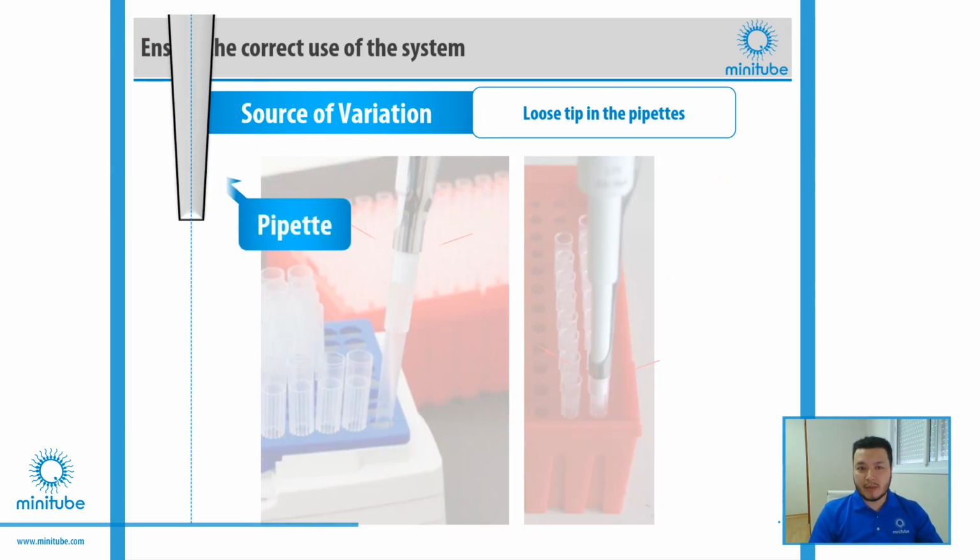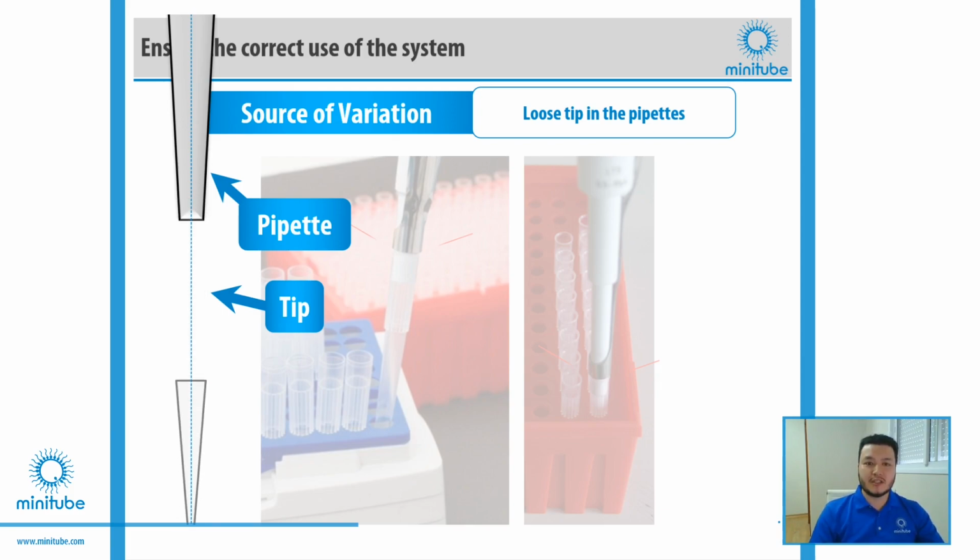Look to the end of the pipette, and a dashed line right in the middle to be our reference. Then here is our pipette tip, and this represents when they are perfectly attached. When you aspirate the liquid, nothing happens.